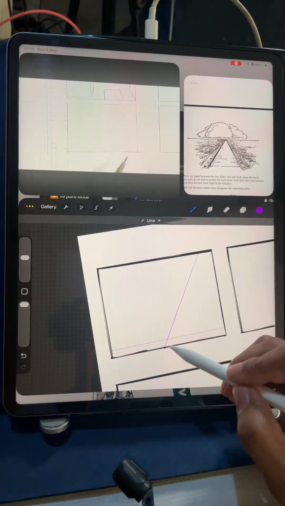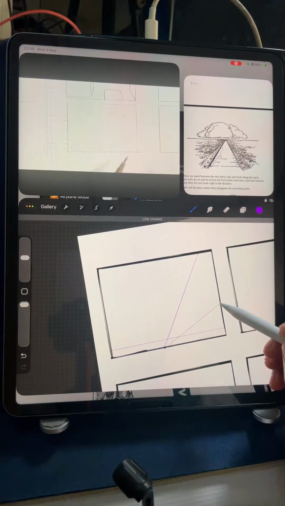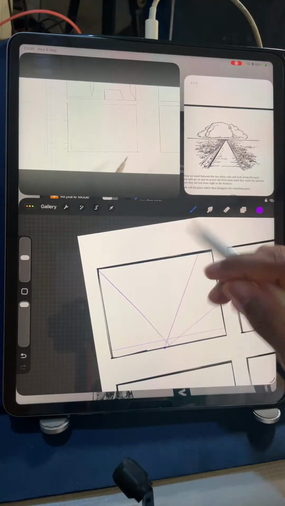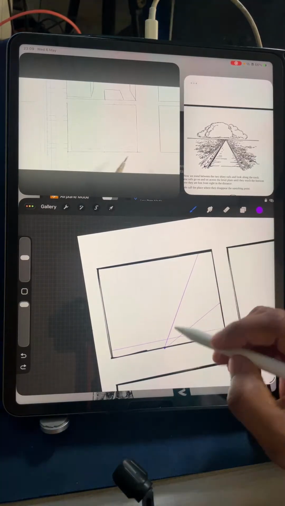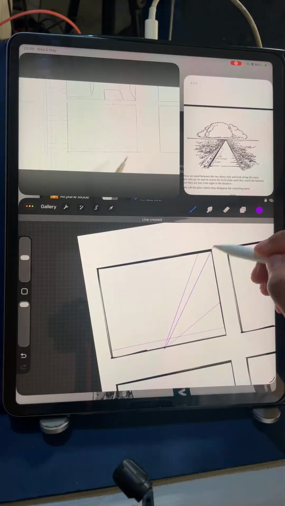Hopefully I get this right. You know what? Actually, let's just get one side right and then duplicate the other.